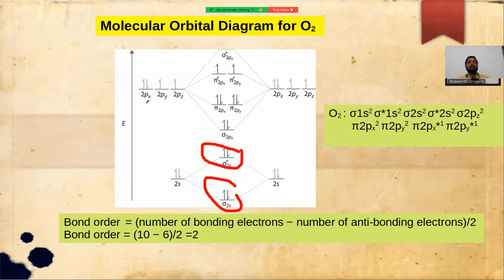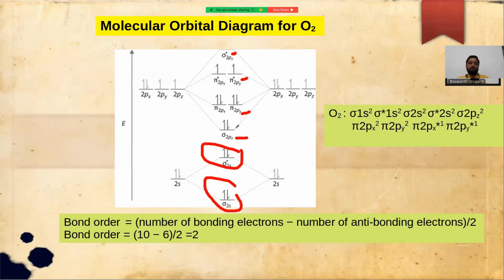And then in the 2p shell, we have a total of 4 electrons. So in 2px we have 2 electrons, and 2py and 2pz are each half filled. So here we have 4 electrons on each oxygen atom and a total of 8 electrons.